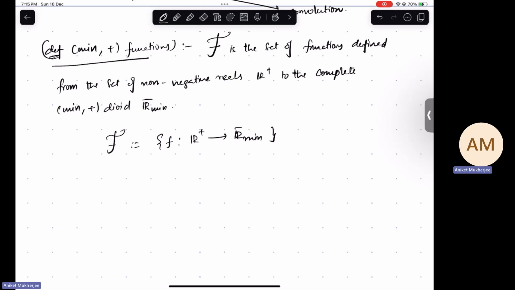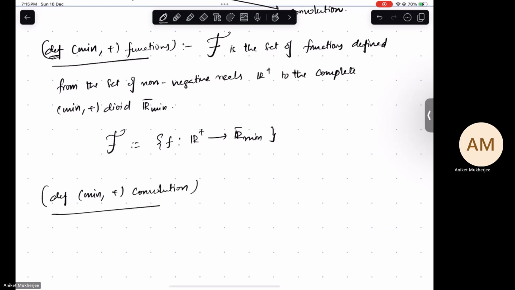Now we can define operators on these functions. So any operator on these functions. So one more definition is the min plus convolution. So let f comma g belong to the set of min plus functions, right?